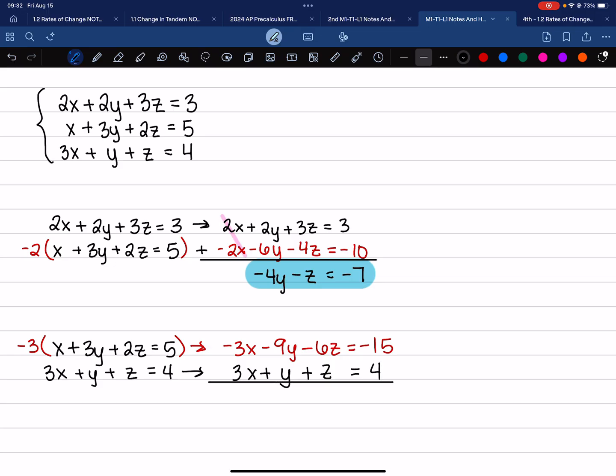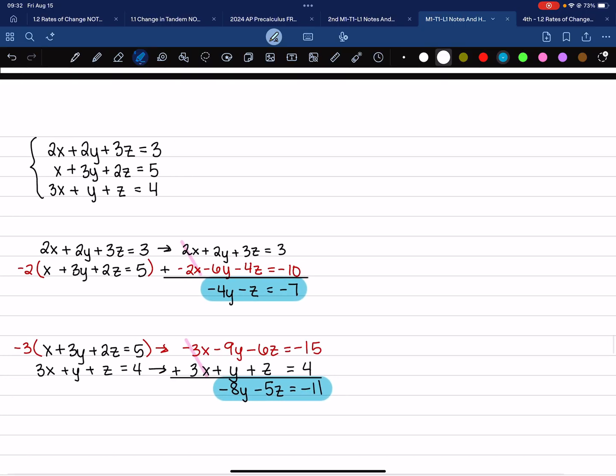We're going to add these 2 equations together. -3x plus 3x cancels out. -9y plus 1y is a -8y. Negative 6z plus z is a negative 5z. And negative 15 plus 4 is a negative 11. So we have our second new equation. Okay, so that's step one. One equation you are using for both parts, and you're canceling out the same variable in both parts.